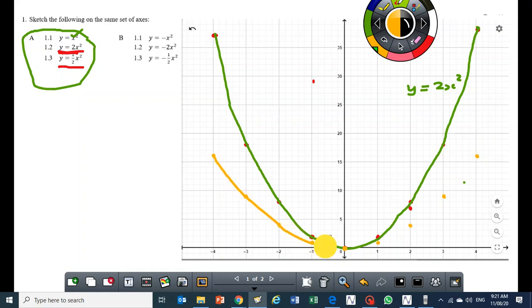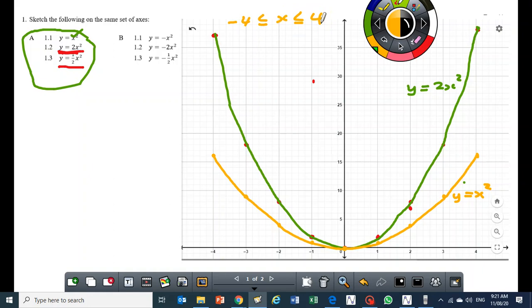Remember, this is based on the domain from minus 4 to positive 4. So this graph here is y equal to x squared. I just want to remind you that the domain we are using is from minus 4 to positive 4.